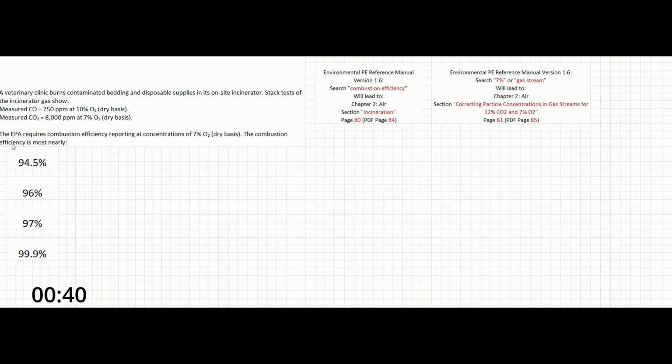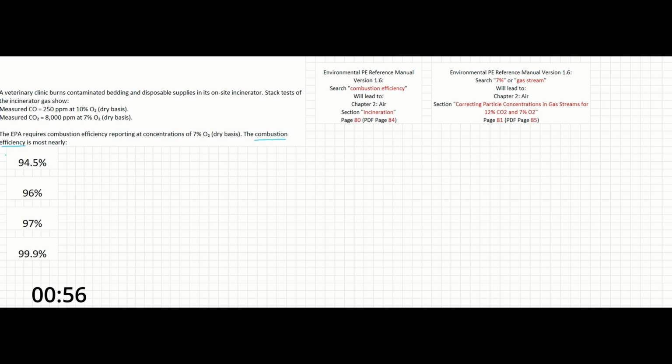The combustion efficiency is most nearly 94.5%, 96%, 97%, or 99.9%. So, the question is asking us for the combustion efficiency.